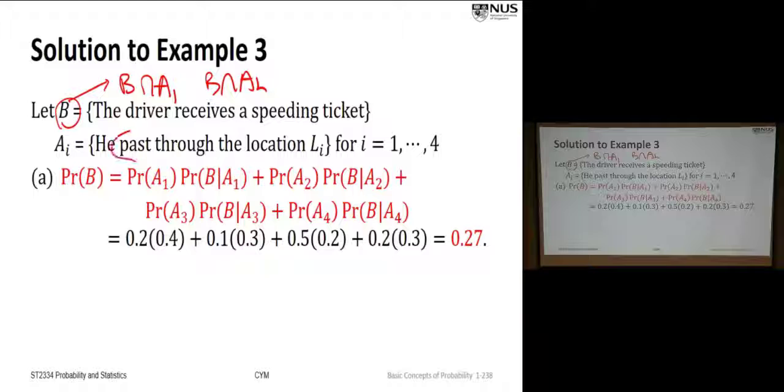He's not just passing. He speeds through the location. So you have to change this. All right. So what it means is that in order to be caught speeding, he must pass through that location, must be speeding at that location, and at the same time the camera at that location must be in operation. All right.